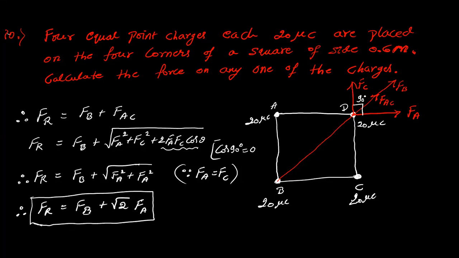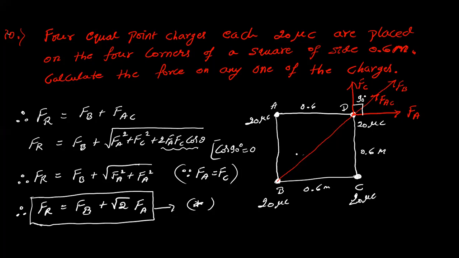Now we have to substitute the values. We have to find FB, which is the force acting along the diagonal. Every side of the square is 0.6 meter.